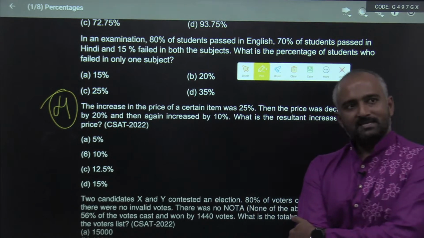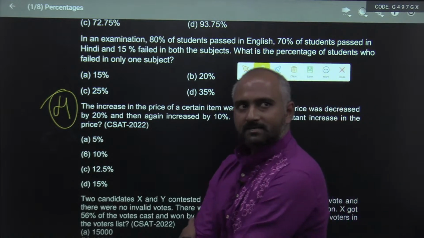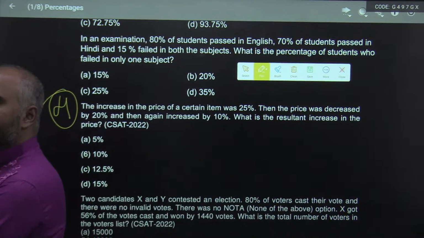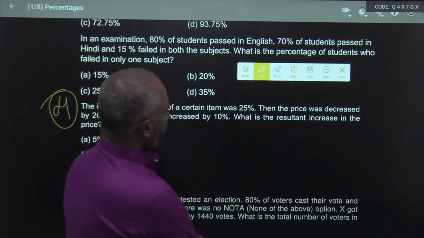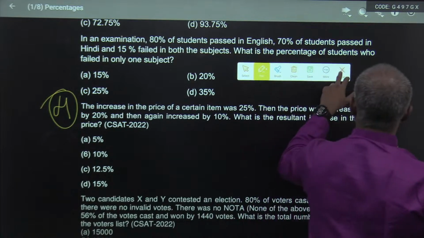Then the price was decreased by 20% and then increased by 10% again. What is the resultant increase in the price?